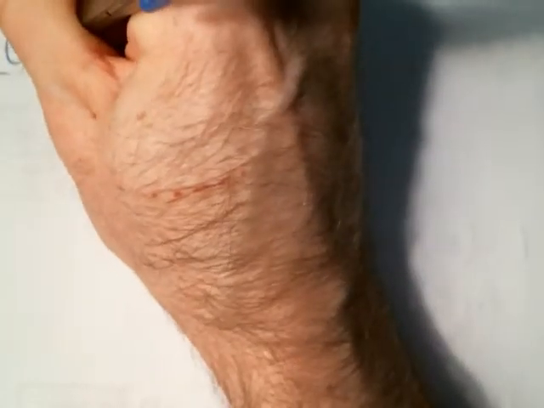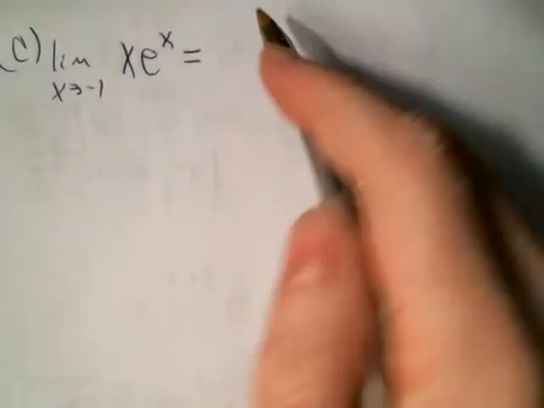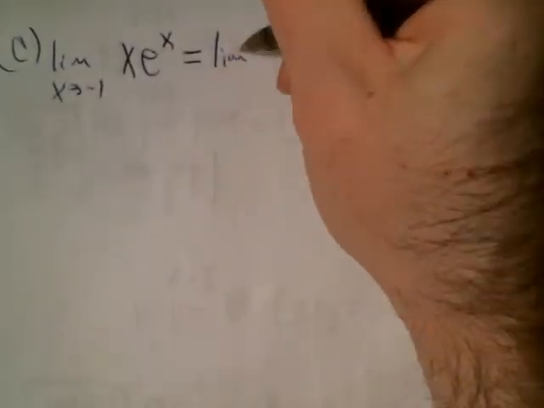Okay, some other characters, exponentials and logs. You can do plug and chugs. So the limit as x goes to -1 of x e to the x. Each individual limit has a result.